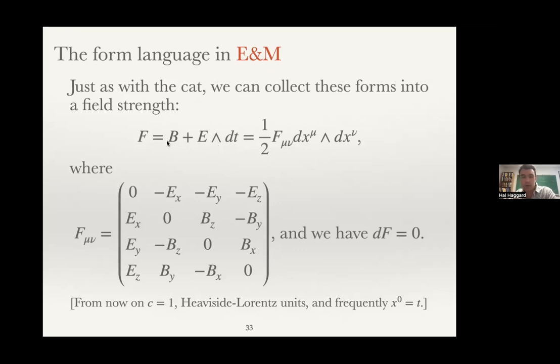The B field part of this ends up with no time component, so the vanishing of dF gives the dB equals 0 part. And the E always has a dt component, and so the vanishing of dF gives the E part as well. So again, this is an extremely succinct way of writing Maxwell's equations, the first two.